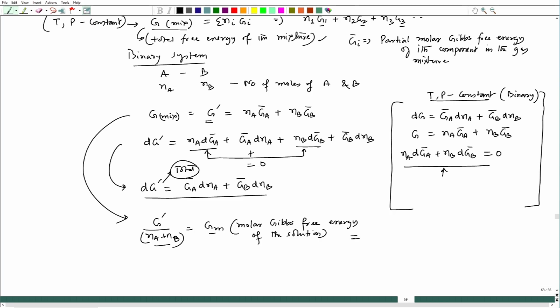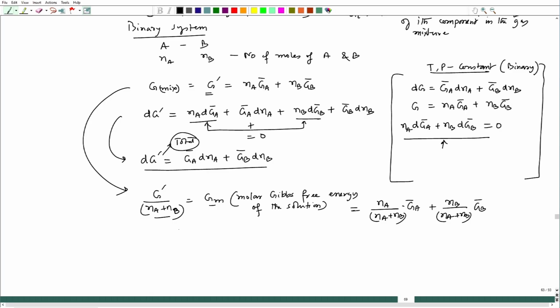It can be given as Na plus Nb times Ga bar plus Nb Gb bar.